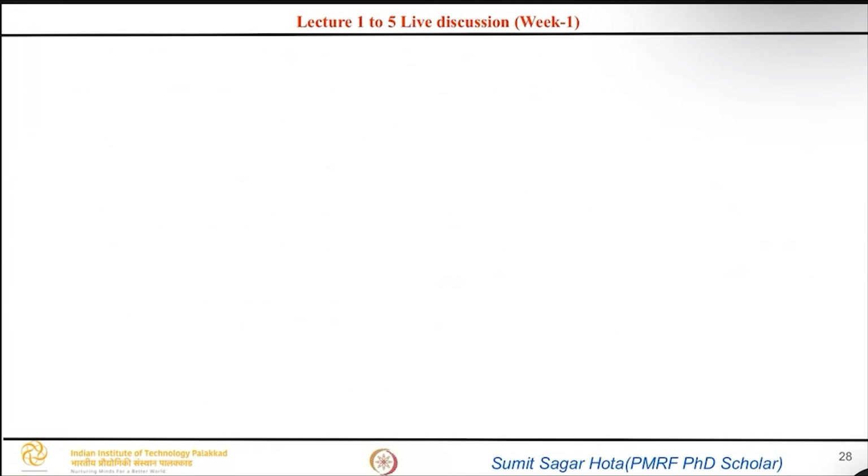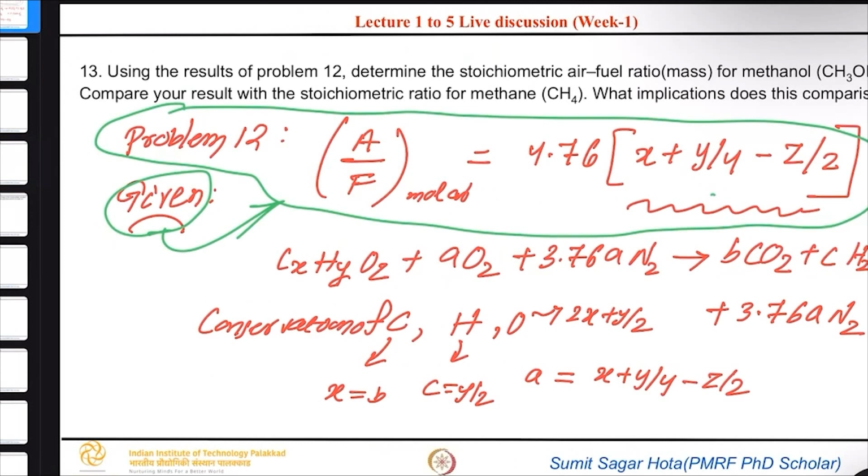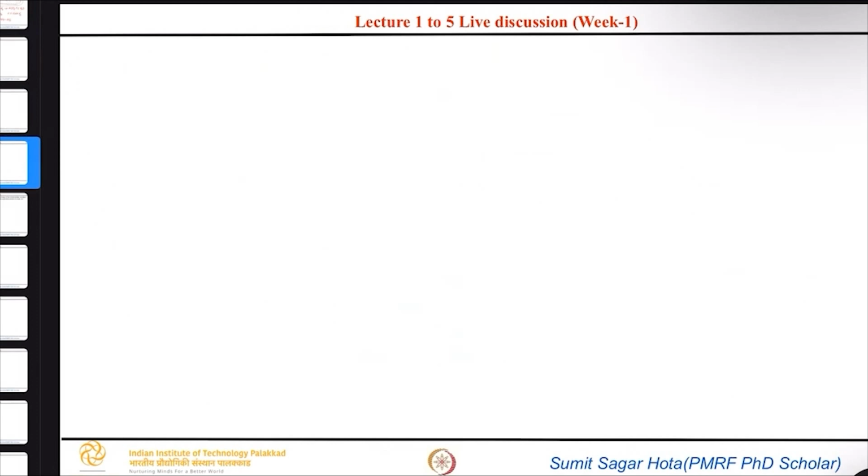Now we need the comparison. The problem also asks what implication this comparison has. We don't know the implication, so what we do is take the ratio, simple.